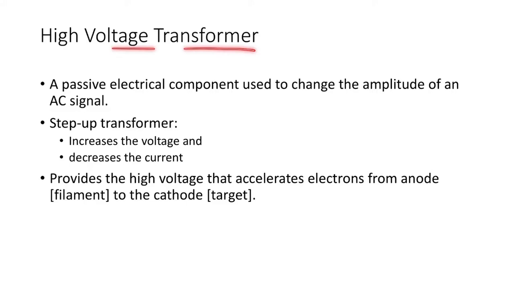Without this transformer, we will not be able to produce high energy electrons through which we can have Bremsstrahlung radiation when these electrons slow down, or when these electrons knock out an inner shell electron so that there's characteristic X-ray radiation. So this guy is very important to our ability to produce X-rays.